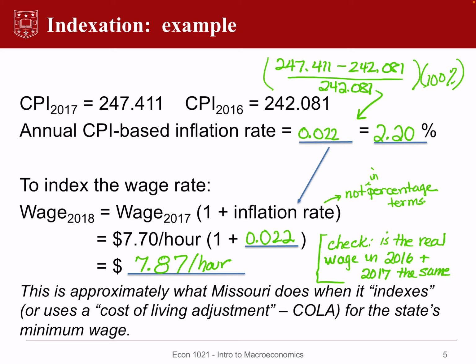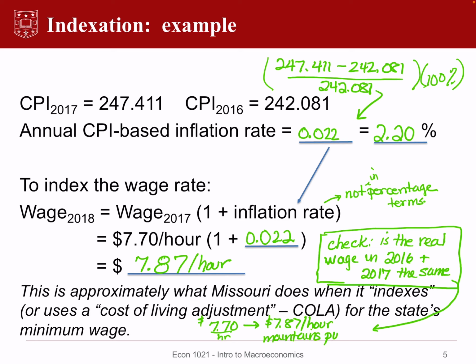And you should find that the answer is yes. And so this would be an example in which moving the wage from $7.70 per hour to $7.87 per hour maintains purchasing power.